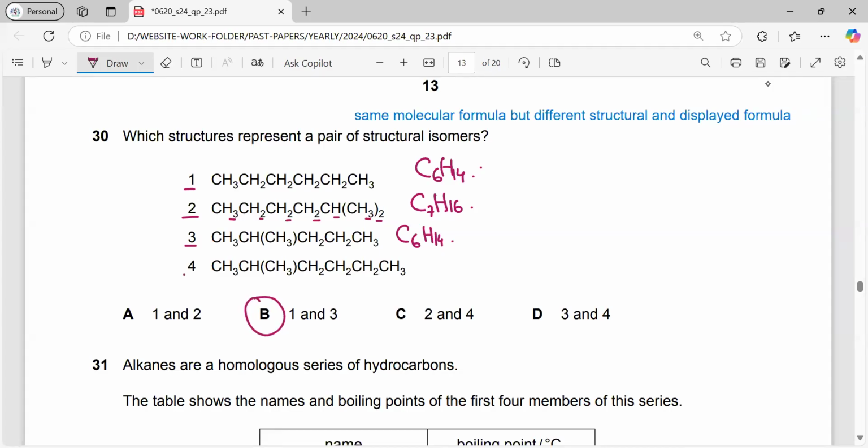But let's count for number 4 also. For the carbon, we have 7 carbons, and the hydrogens are 16. Wait, 2 and 4 can also be correct.